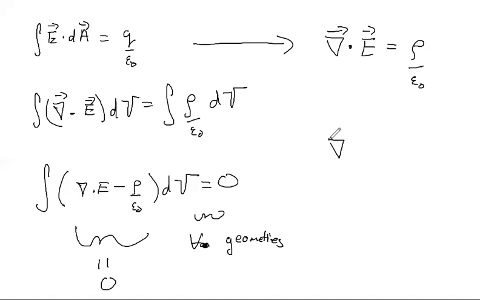Similarly, for magnetic fields, we could just say the divergence of the magnetic field is 0. That's Gauss's law for magnetic fields.